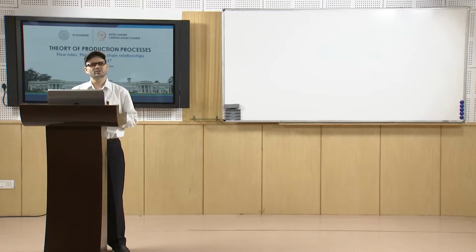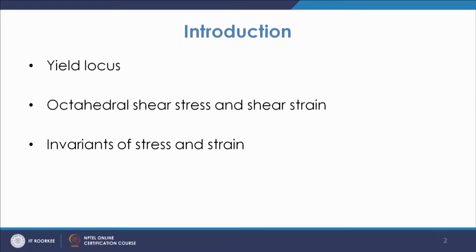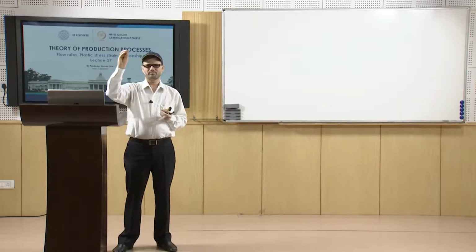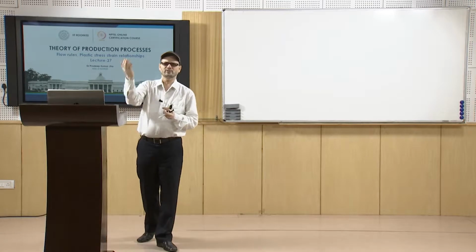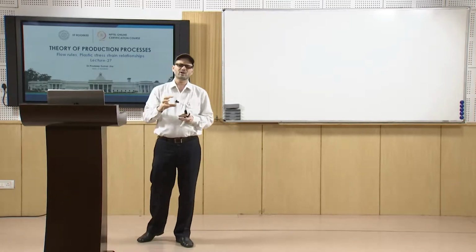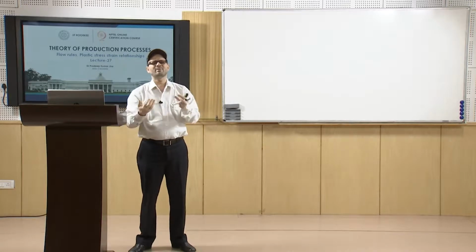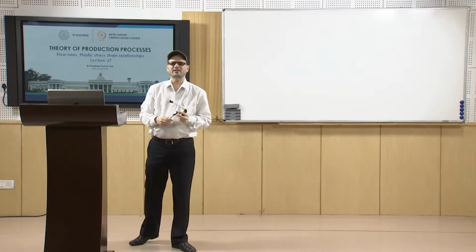So, what is this yield locus? The yield locus is the locus of points. The points on this locus are those points which we arrive at by these yielding criteria.